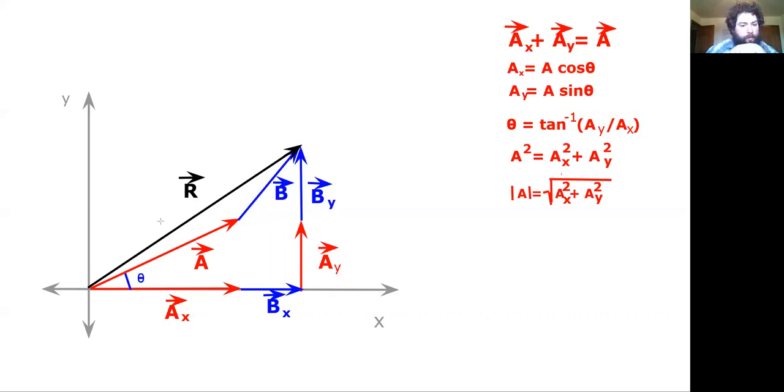And so then this would be Rx. This would be Ry. We can just see that we add them together there.